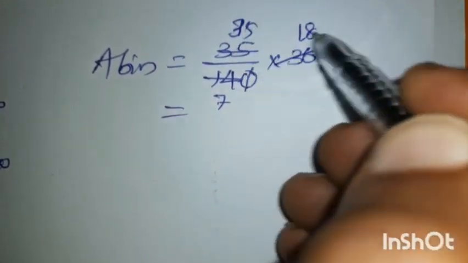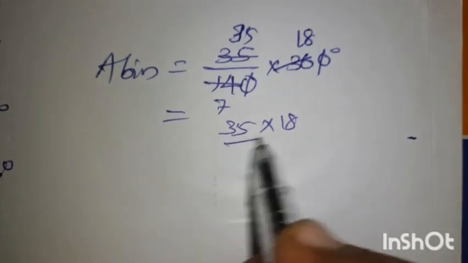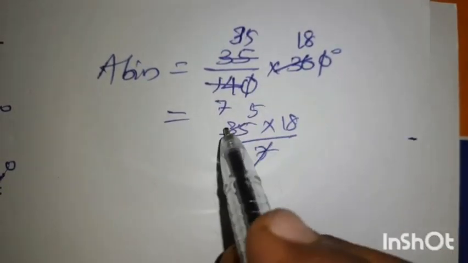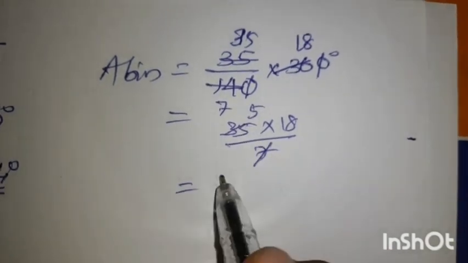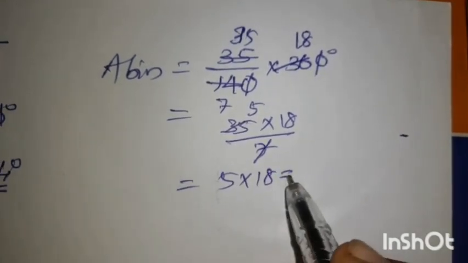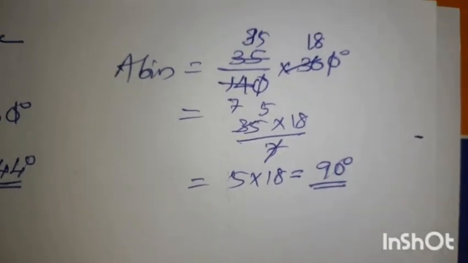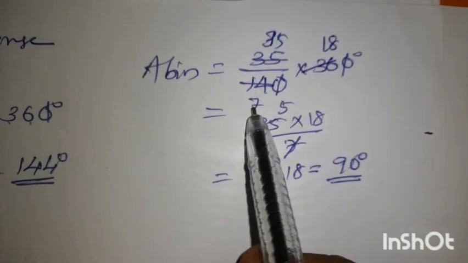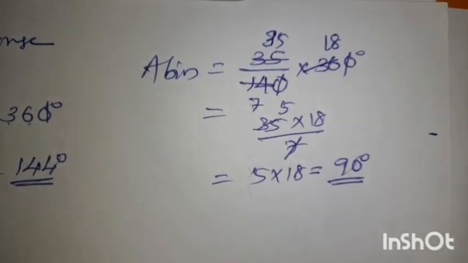So 35 into 18 divided by 7. 7 5s are 35. So 5 into 18, we are getting 90 degree. First you have to divide with 2 here and here also, and using that 5 you have to divide these.